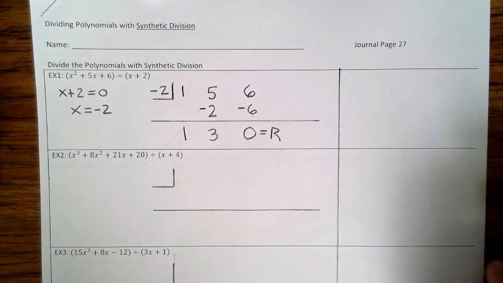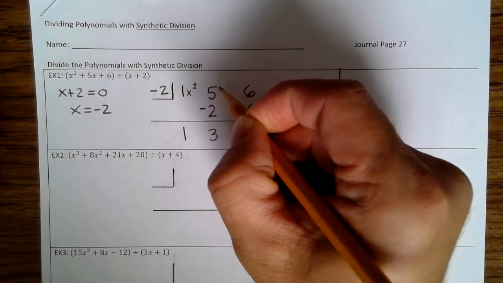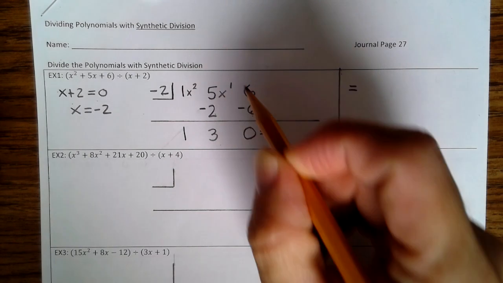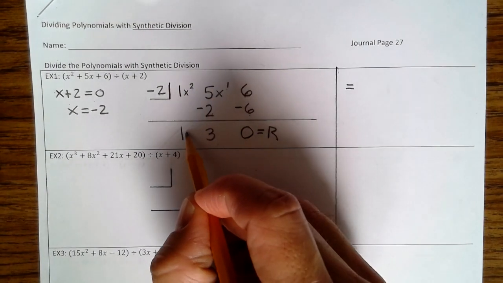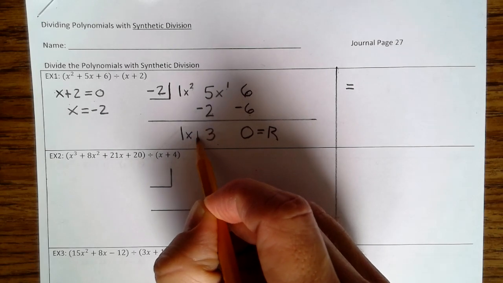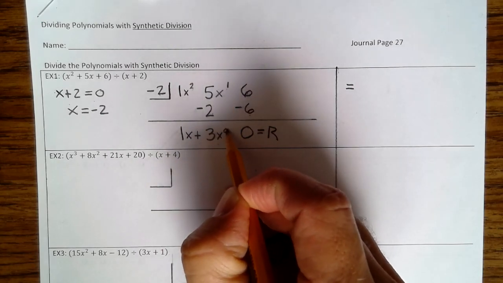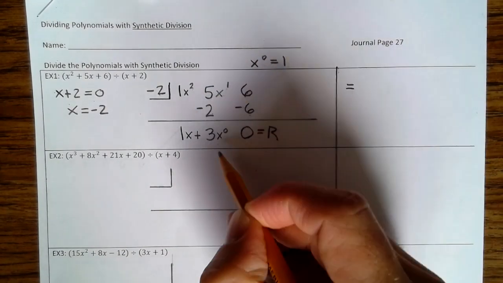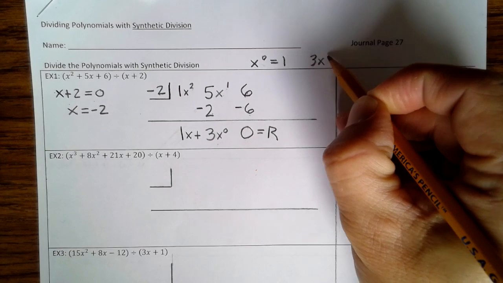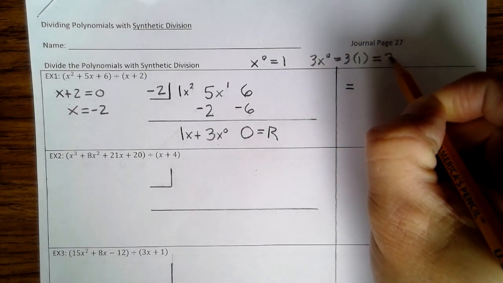So now this was x squared. This was x to the first power. Now when you divide, these decrease by 1. So that becomes x plus 3 times x to the 0 power. Anything to the 0 power is 1. So 3 times x to the 0 power is 3 times 1, which just equals 3.